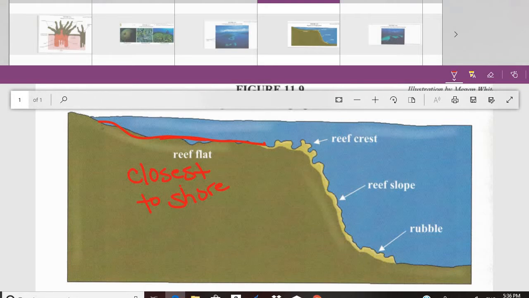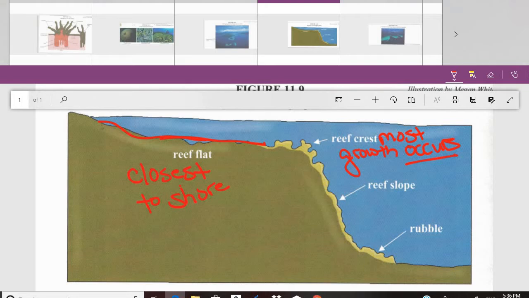Okay, then we get the reef crest, and the reef crest is where it begins to slope down, and this is where most of the growth occurs. So at the reef crest is where you would get most of the growth of the coral occurring.